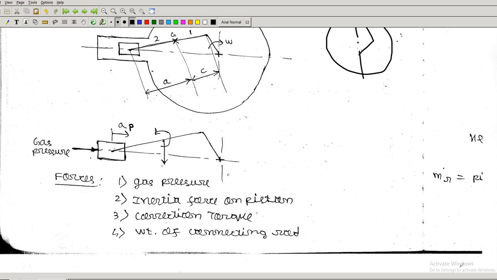Due to that inertia force we'll find out the torque coming here, and also the force coming here, and we'll find out the reaction forces and the torques also. So let's see.